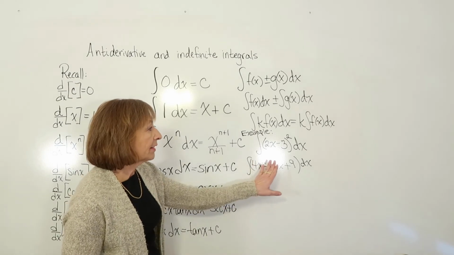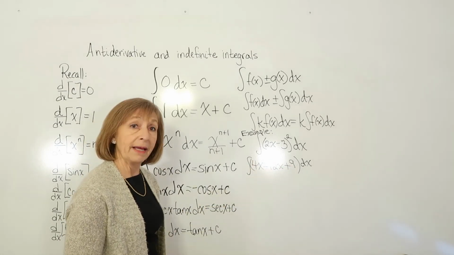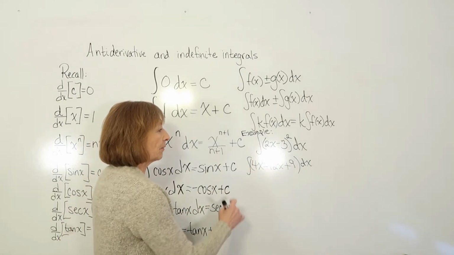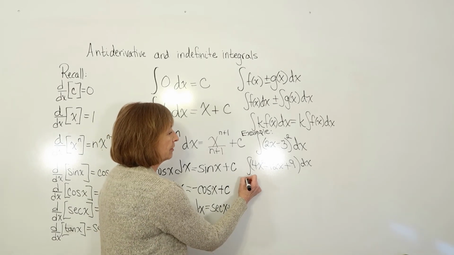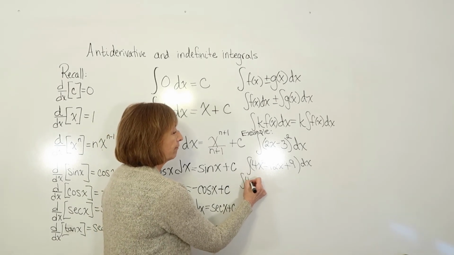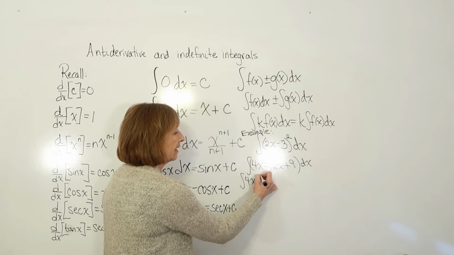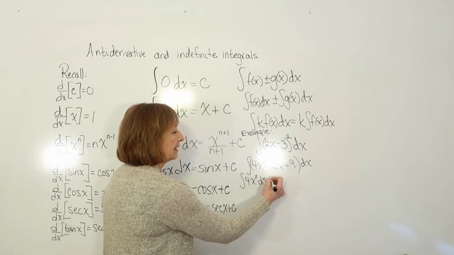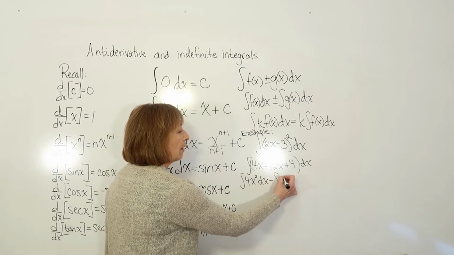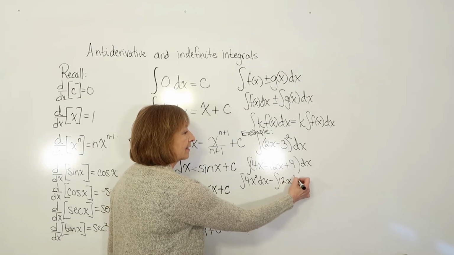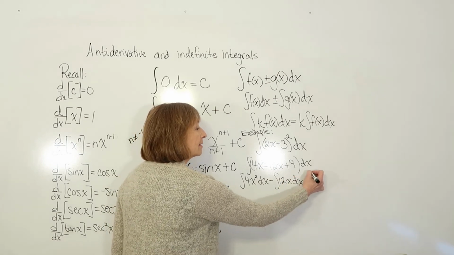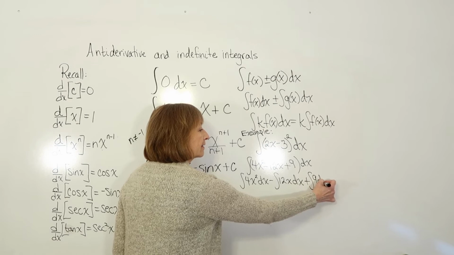And now I have it where it is term by term, and so I can think of each of those integrals separately. So it's the integral of 4x squared dx, then minus the integral 12x dx, and then plus the integral of 9 dx.